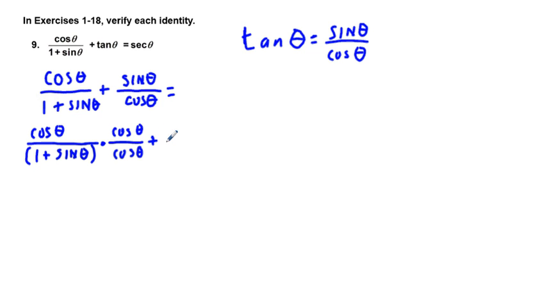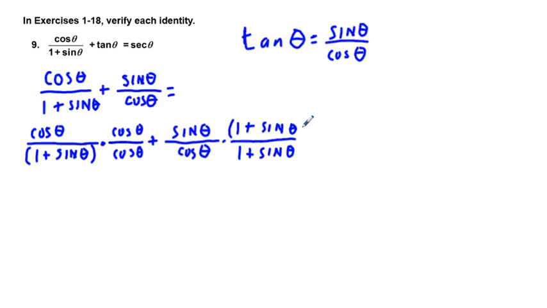For the second term, sine theta over cosine theta, we multiply by 1 plus sine theta over 1 plus sine theta, and I'm also wrapping the numerator and denominator in parentheses. So we're in the process of creating this common denominator.